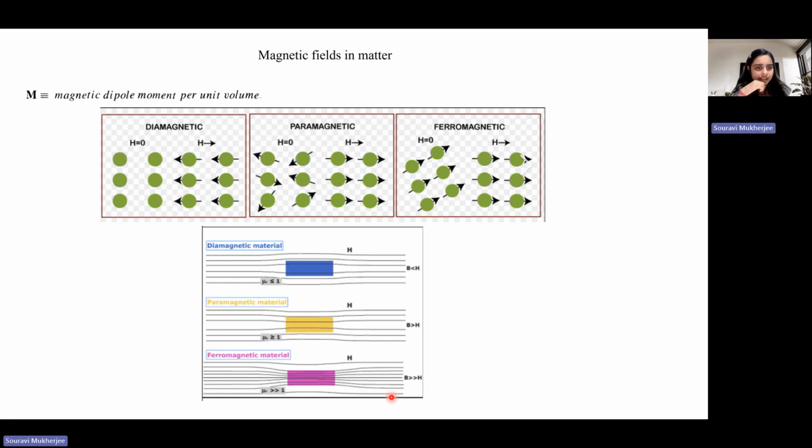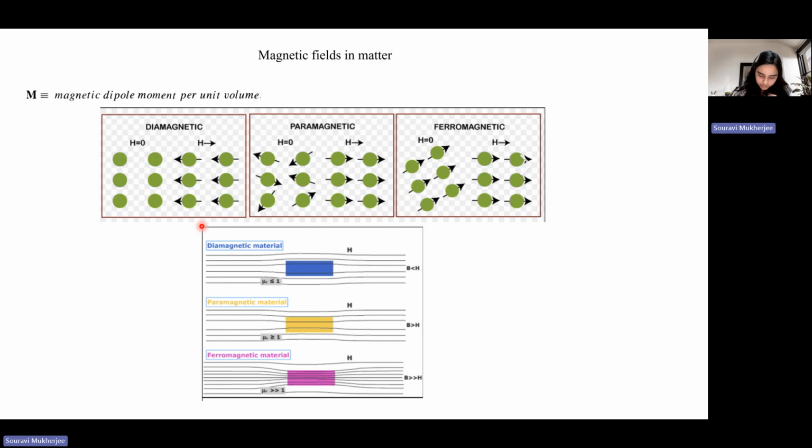If you have a diamagnetic material, what would happen is, when there is no external field, there is no net dipole moment. But once you apply an external magnetic field, small current loops can form in your material, just as you can have charges moving in a dielectric.